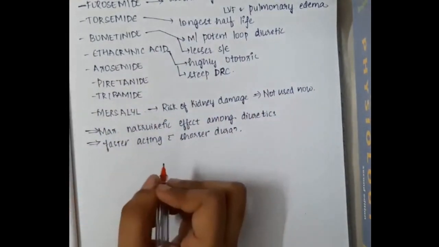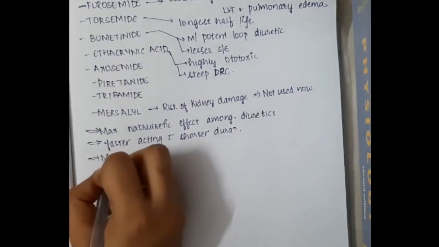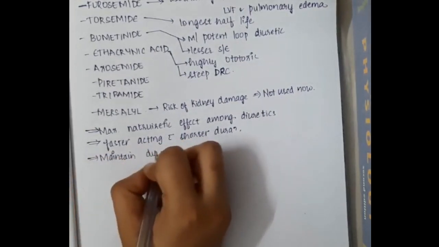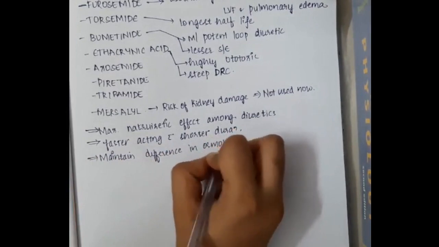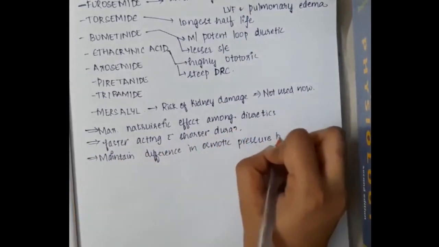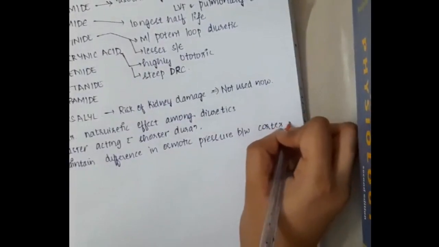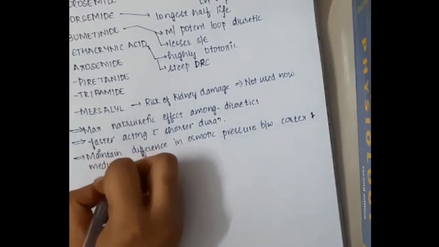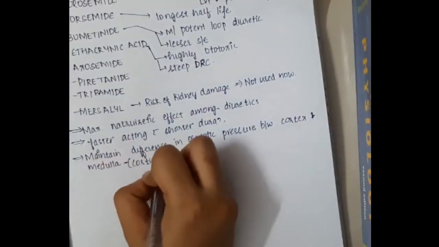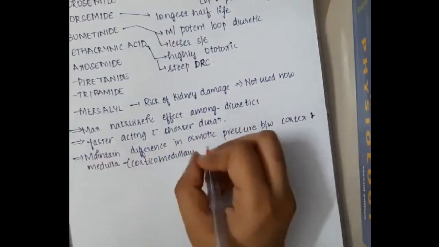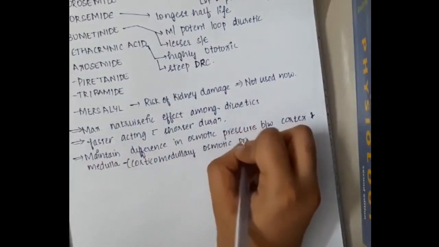Normally our body maintains the difference in osmotic pressure between the cortex and medulla, which is called the corticomedullary osmotic pressure.